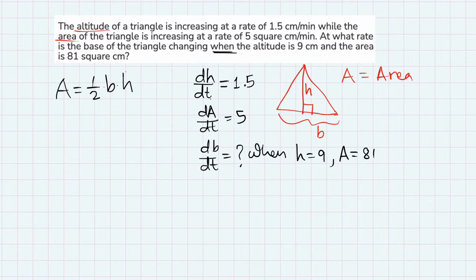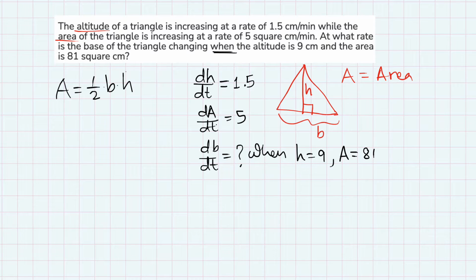Rate means d over dt derivative, and the question asks what is the rate of change of base b at the moment when exactly height or altitude is 9 and area is 81, what is the rate of change of base, dB over dt?